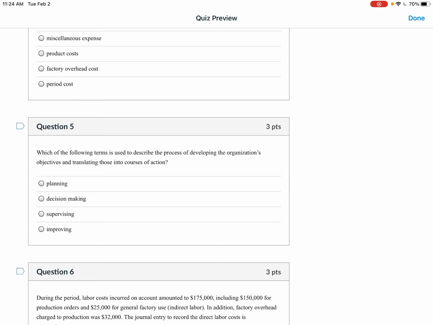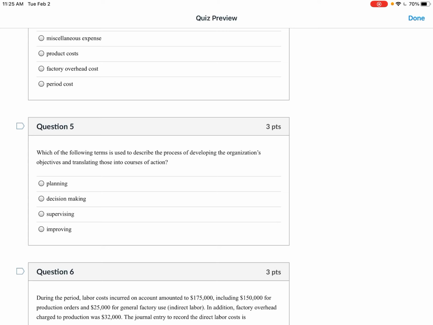So there's planning, directing, controlling, improving, and decision making. They're asking which one of these describes the process of developing objectives and then translating those into courses of action. Planning states that management uses planning in developing the company's objectives and goals and translates those objectives into courses of action. Directing is the process by which managers run day-to-day operations.